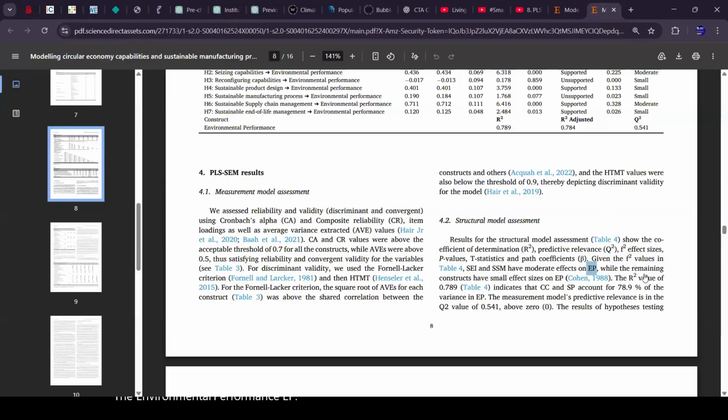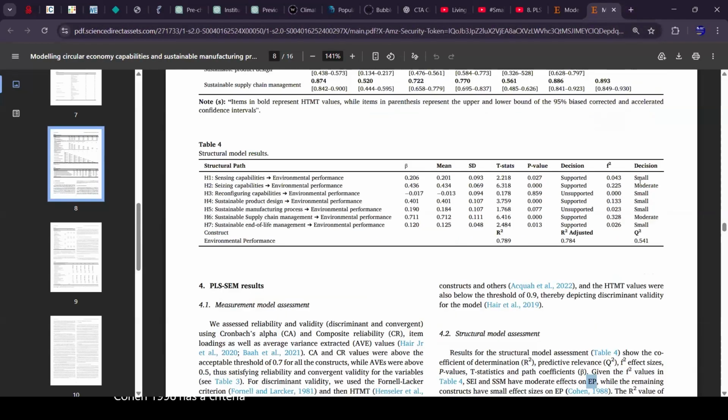While the remaining constructs have small effects. So Cohen has a criteria. Cohen 1998 has a criteria for grouping this into 3, whether small, moderate, or large. So let's check that.